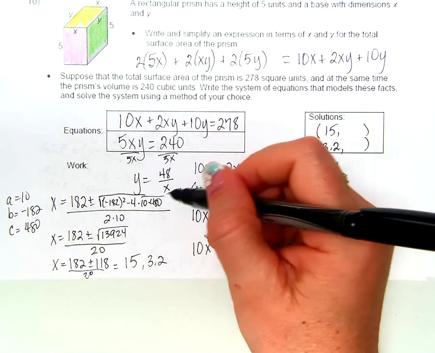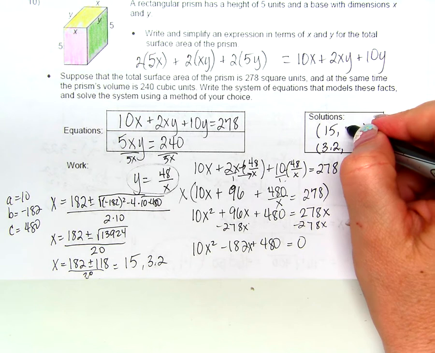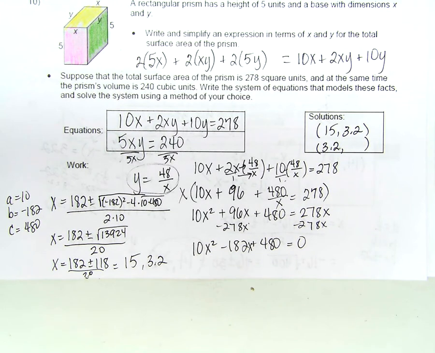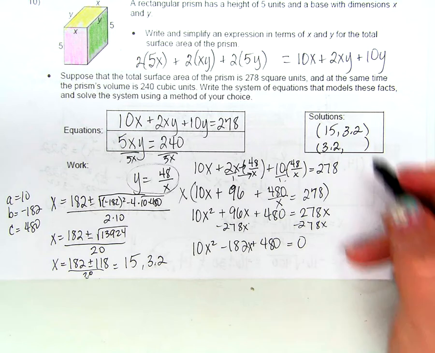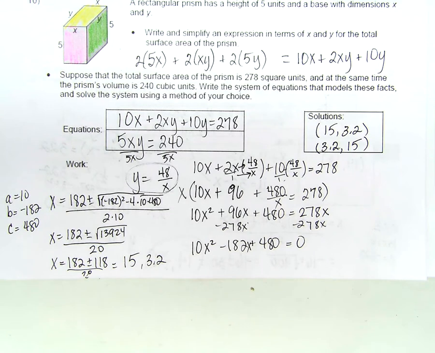Right? So what is 48 divided by 15? 3.2. What is 48 divided by 3.2? Oh, good, 15. So in the context of the problem, tell me what these two things mean.